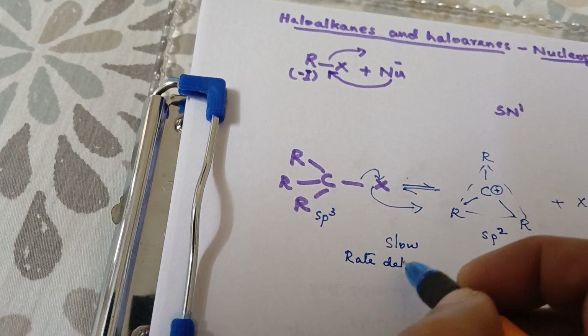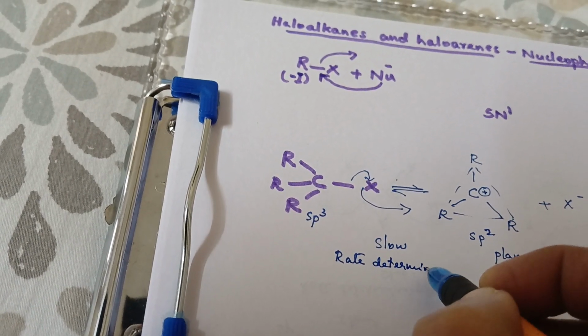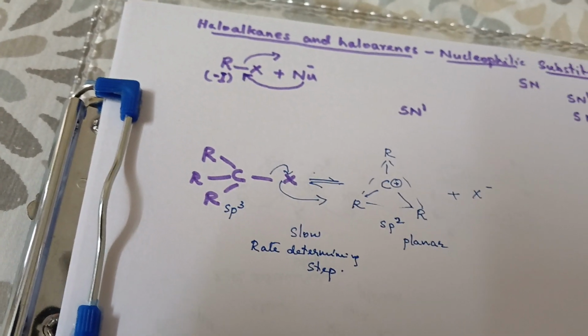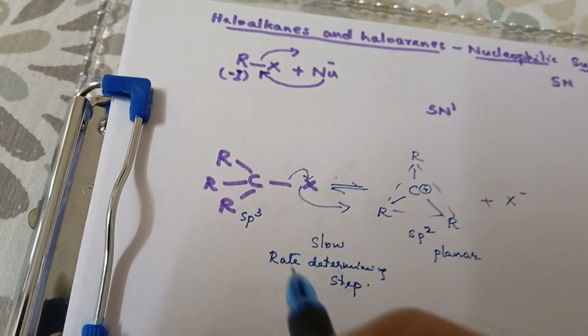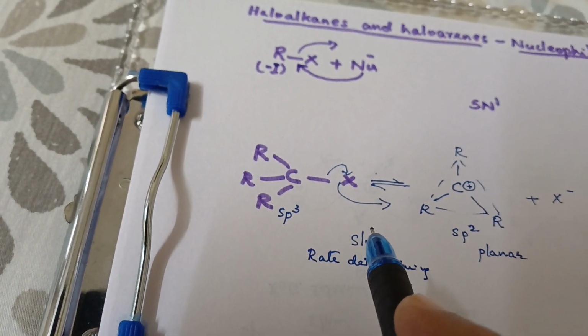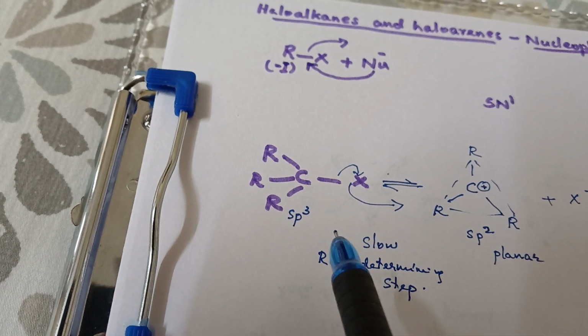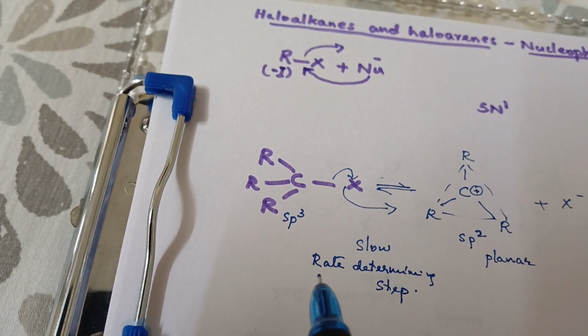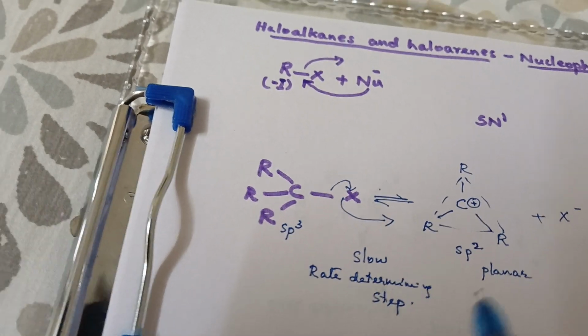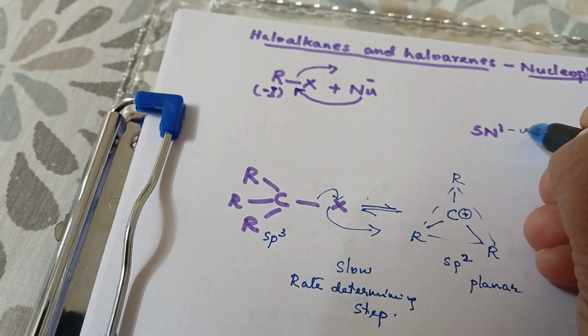Rate determining step. Now in this step you can see that there is only alkyl halide present. Only one type of molecule is present, and that determines the rate of the reaction. So we call it unimolecular.